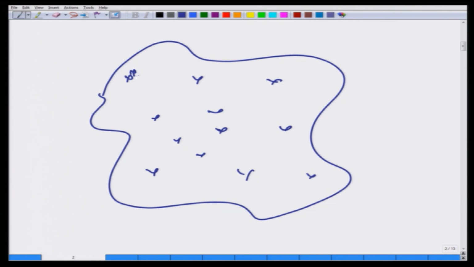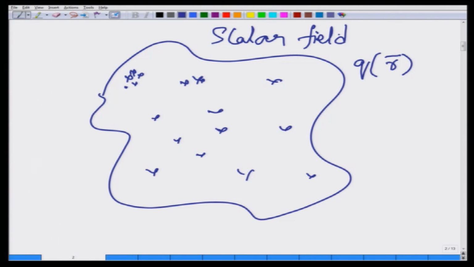Maybe the charges are concentrated here more, and there are some charges concentrated over here, but the important point to note is that at each position I can put down a number which gives me the charge. So, at each position in space I can specify the charge that is distributed at that particular point. Such a distribution of numbers in space is called a scalar field. A scalar field is one in which we have a distribution of numbers.